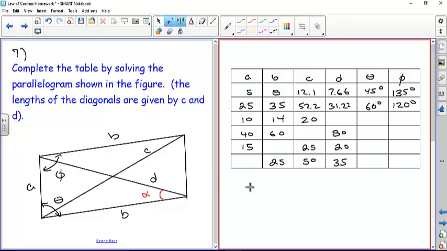So we can say the cosine of phi, using the alternative form of the law of cosines, is going to be equal to a squared plus b squared minus c squared over 2ab, because side C goes with angle phi.